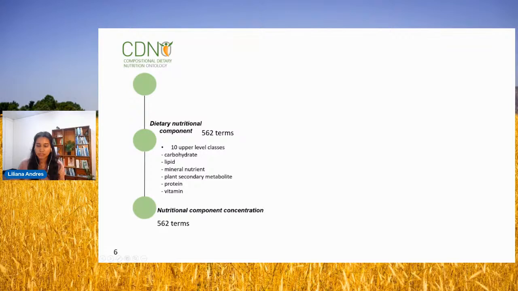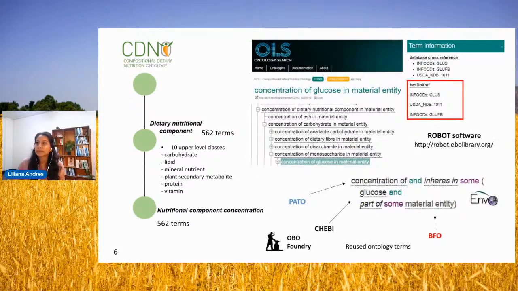And just a quick note, the concentration class of dietary nutritional component was created reusing a design pattern from the Environment Ontology, reusing terms from the Phenotype and Trait Ontology, PATO, which is the concentration of. And for glucose, we reuse it from the ChEBI ontology, and the material entity from BFO.